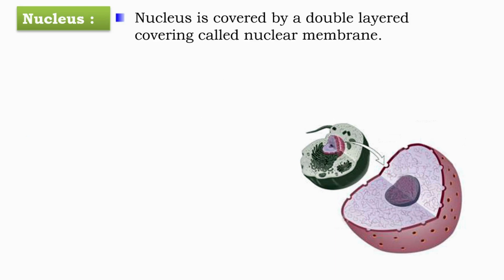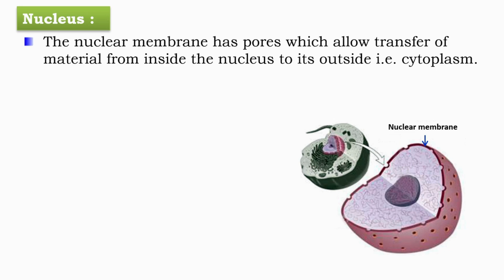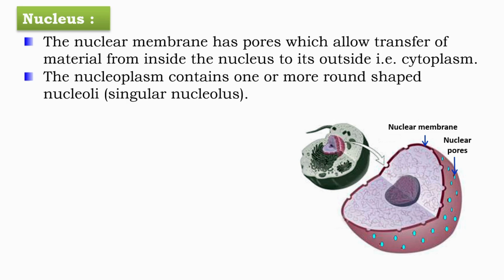Nucleus is covered by a double layered covering called nuclear membrane. The nuclear membrane has pores which allow transfer of material from inside the nucleus to its outside, that is the cytoplasm.